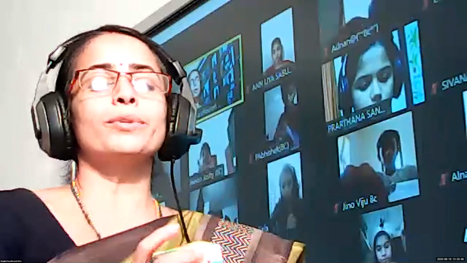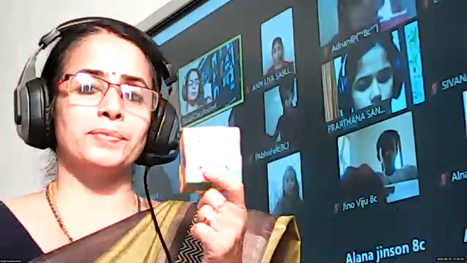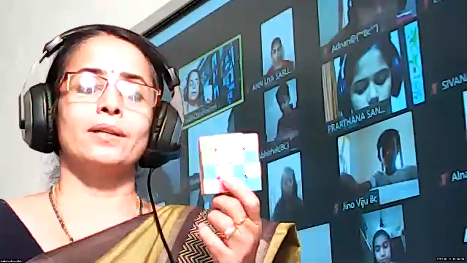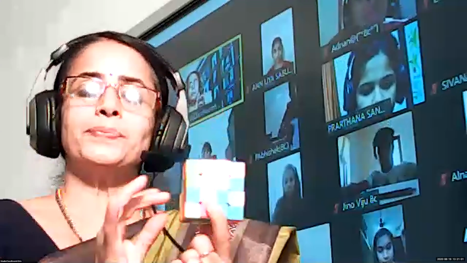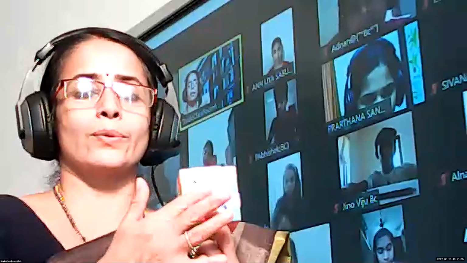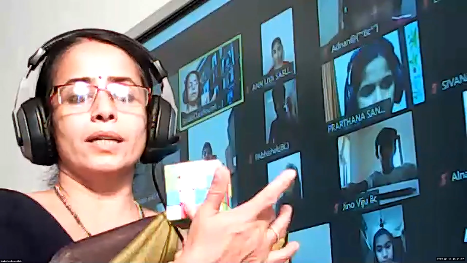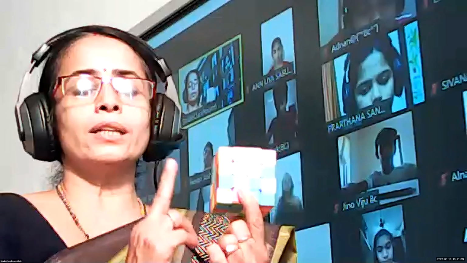Cube has how many faces, Shankari? 6 faces. Side faces are how many? 4. And each face has an area L square. L square, L square, L square, L square. 4 L squares, lateral surface area.